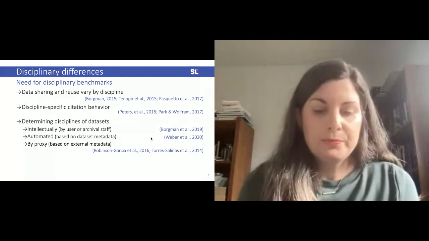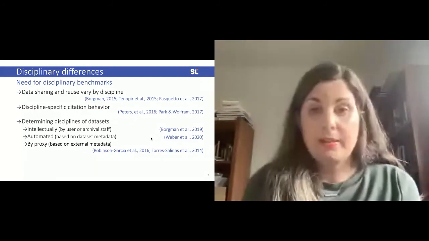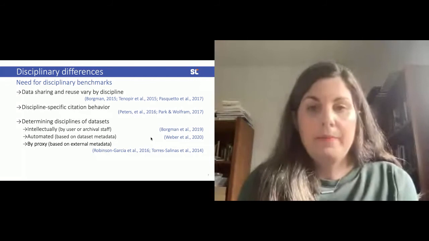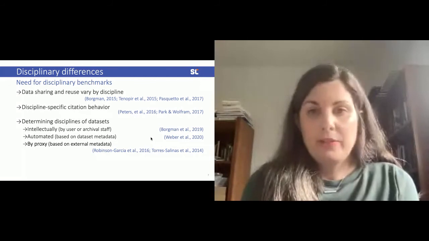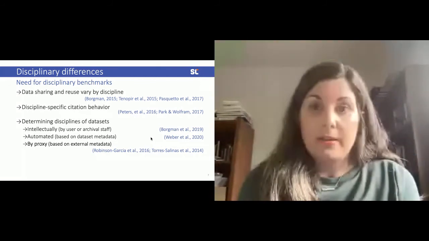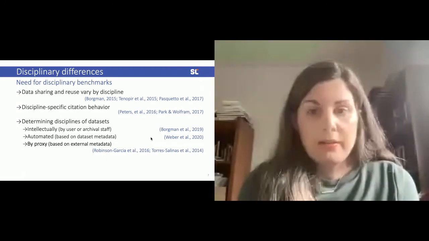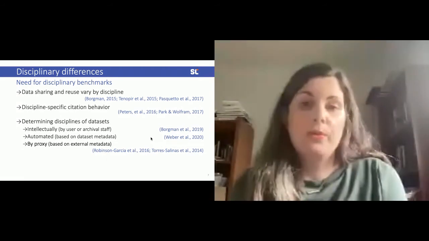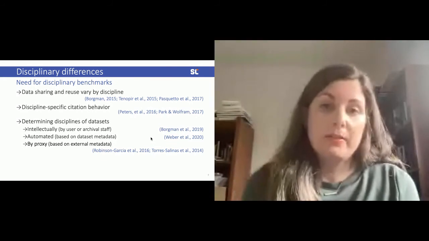We do know that citing data sets also differs by discipline. We have some ideas of this, but we haven't done this as a large overview to compare all scientific disciplines with each other and go towards creating meaningful benchmarks.